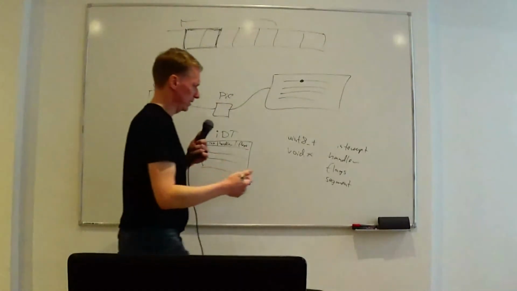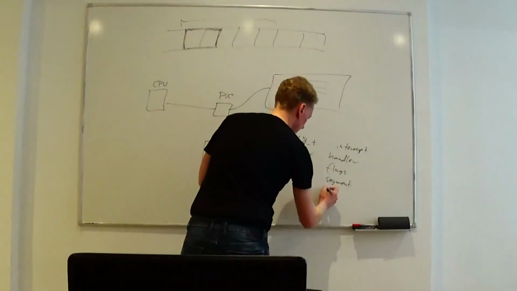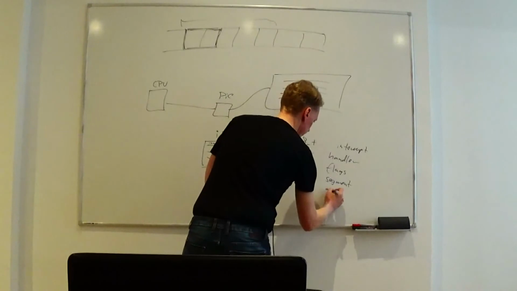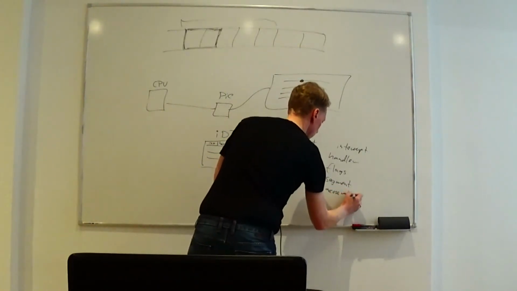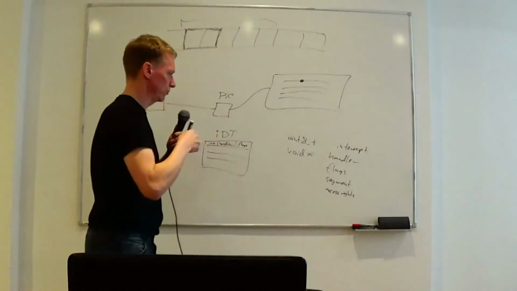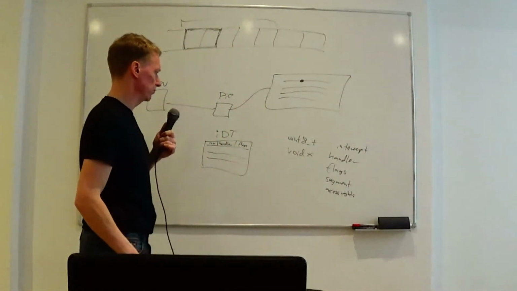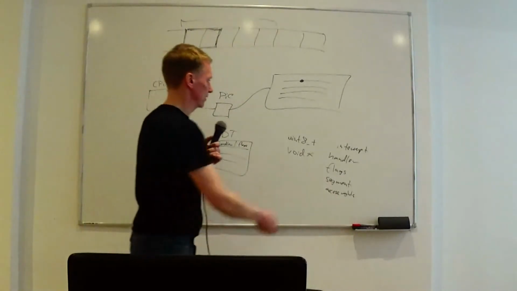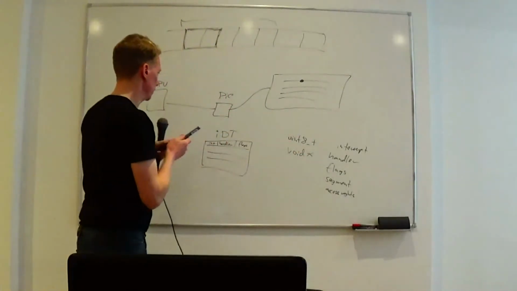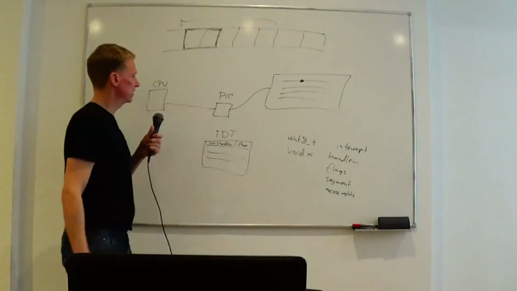Okay, and you also need the access rights, which is just a number from 0 to 3. 3 is user space, 0 is kernel space. So these are the things that will go in this table.